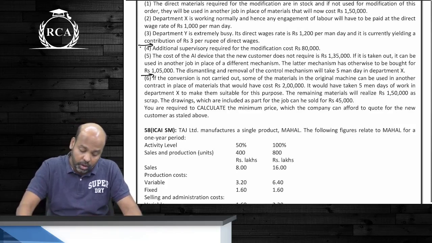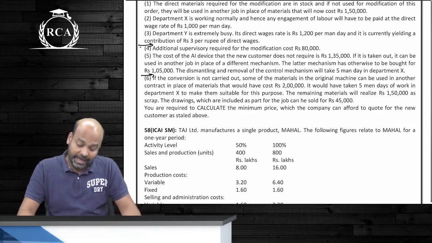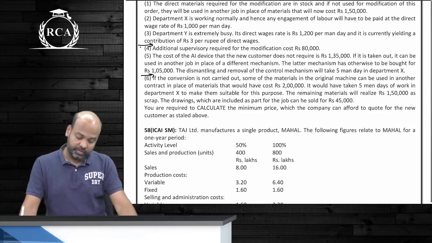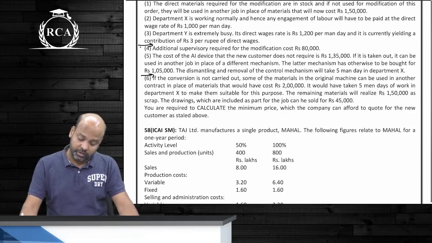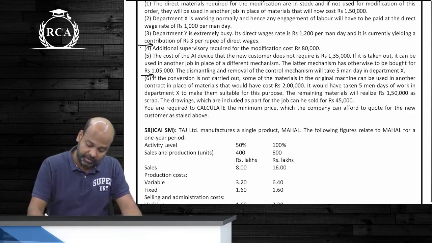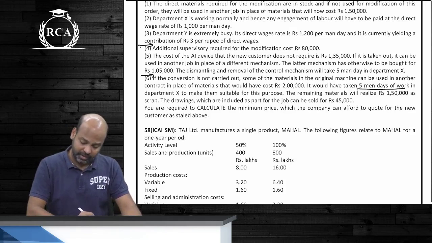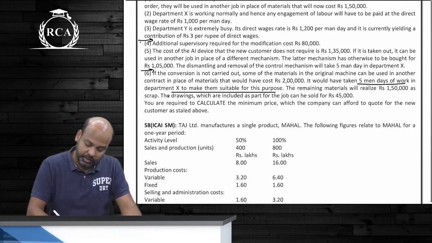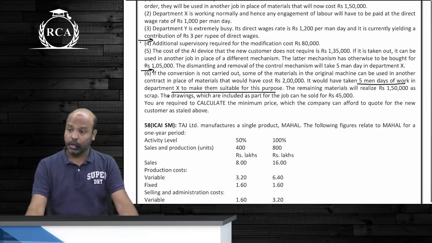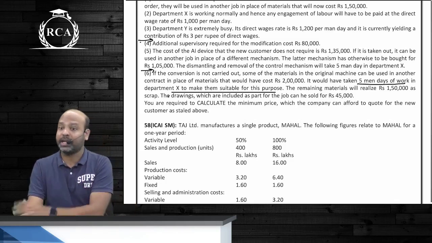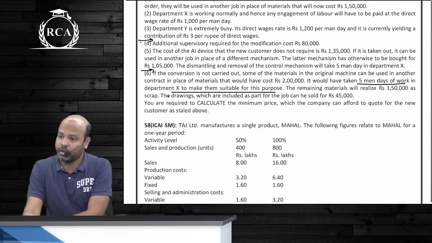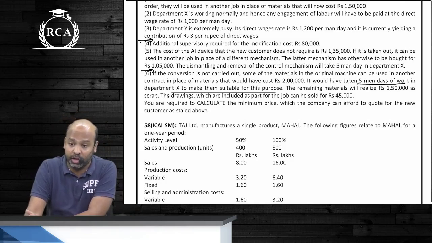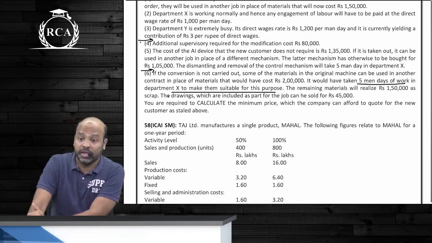Now, if the conversion is not carried out, we can use these materials elsewhere better. That would cost how much? 2 lakhs. It would have taken 5 man days of work in department X to make them suitable for this purpose. If you do not carry out the conversion, how much can you save? 2 lakhs. But to save that 2 lakhs, you should have incurred 6,500.